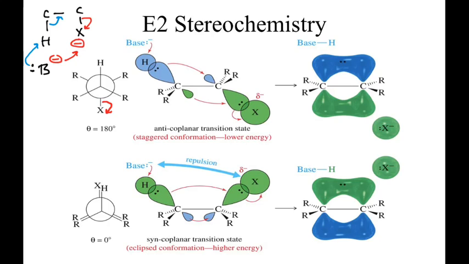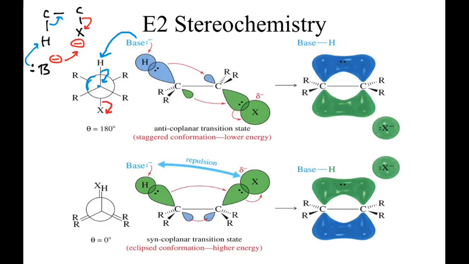I'm going to double arrow this base now. Our base comes in, attacks the hydrogen. These electrons in that bond can now go form the double bond, that bond forming between our front carbon and our carbon in back. Okay? So we get kind of a backside attack.